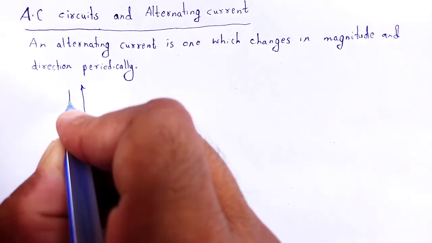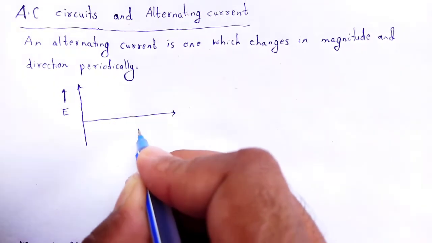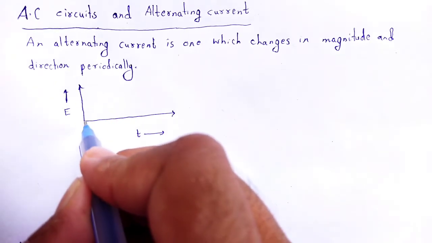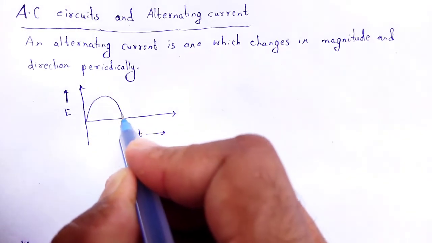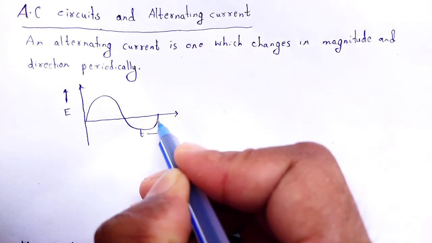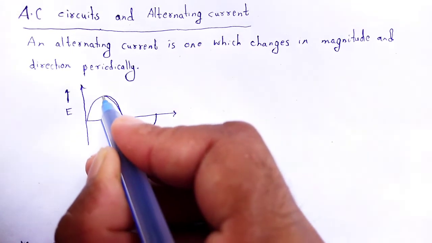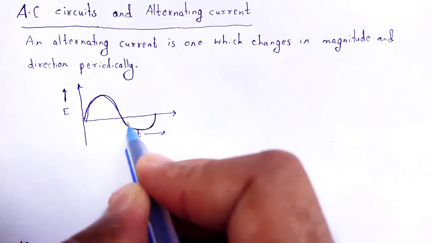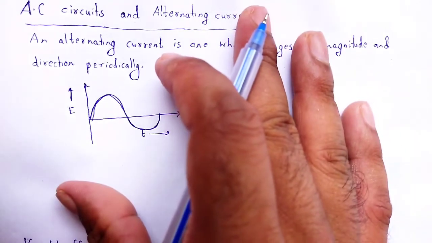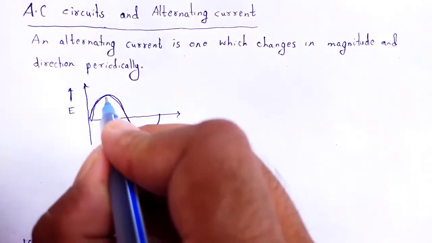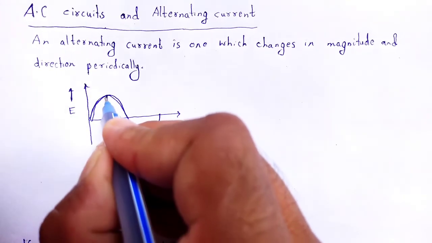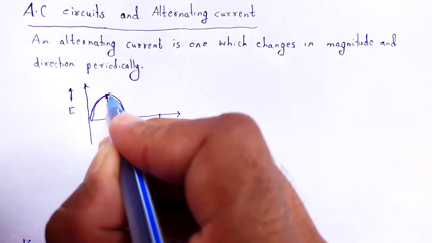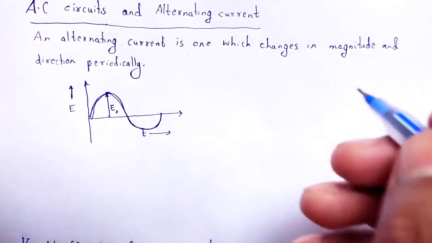Look here, this is the EMF, and this is the time. So the graph represents a sinusoidal curve. We represent that EMF in terms of a sine or cosine function. Here E naught is the peak value of EMF.